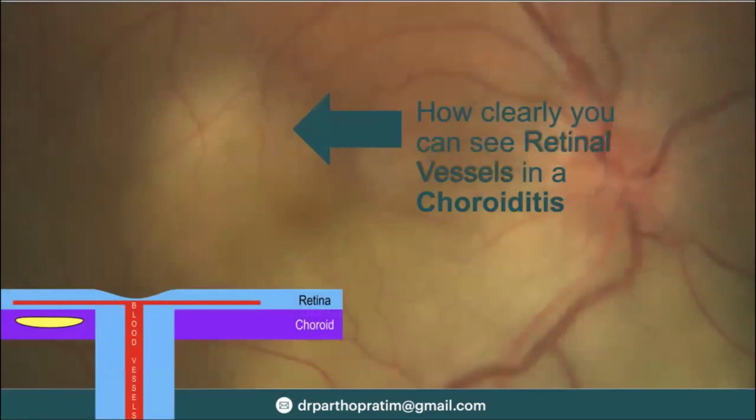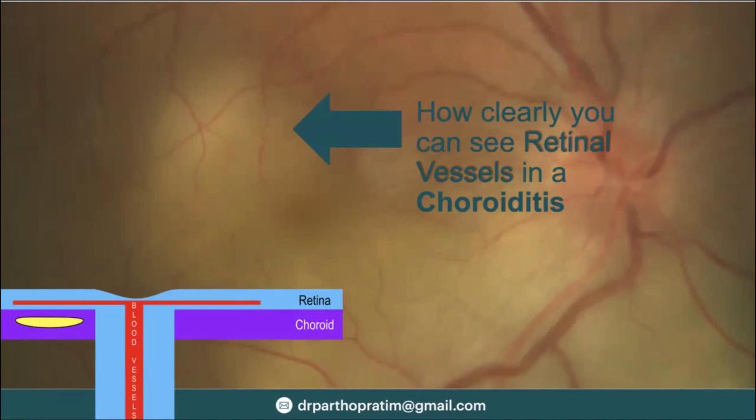So I'll show you another graphical representation which will make it more clear. For example, here, how clearly can you see the retinal vessels in choroiditis? The answer is yes, I can see them clearly. Why? You can see in this graphical representation that the blood vessel is above the yellowish white lesion in the fundus.